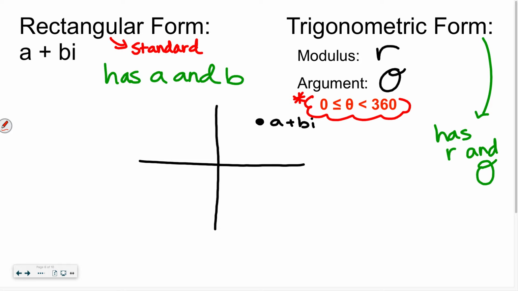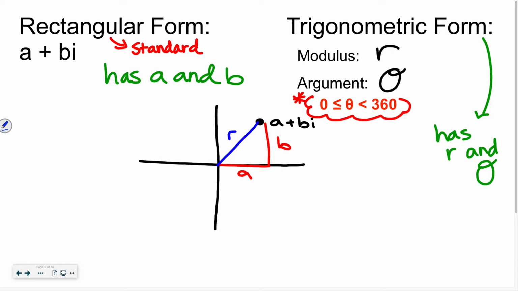In order to plot that, I went A units to the right. I went B units up. We just talked about the distance from that point to 0 as the absolute value, which, if you think back to chapter 4 trig, that's going to represent your sort of radius, if I gave you a point out in space.